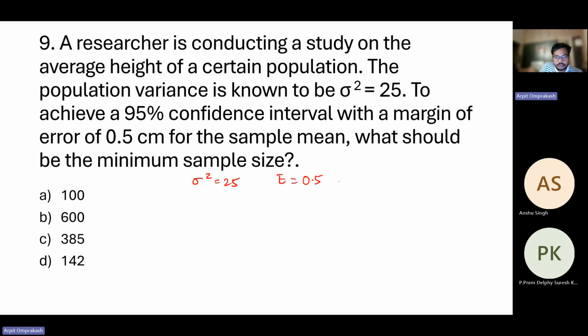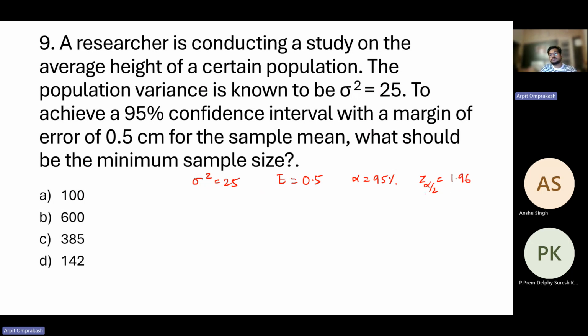And our confidence level is 95%. Right. So for the confidence level of 95%, the corresponding z-score will be equal to 1.96.